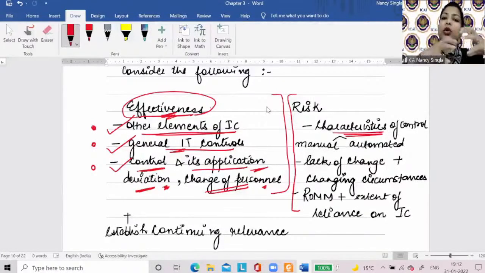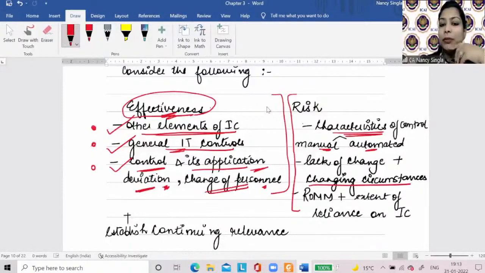See, if the control is manual or the control is automated, the risk associated with both types of control is going to be different. So before using your evidence that you have obtained in the previous year, consider the risk associated with the characteristics of the control. Example can be manual or automatic, right? Also consider the risk of changing circumstances.